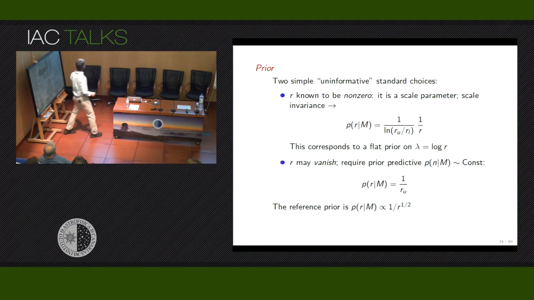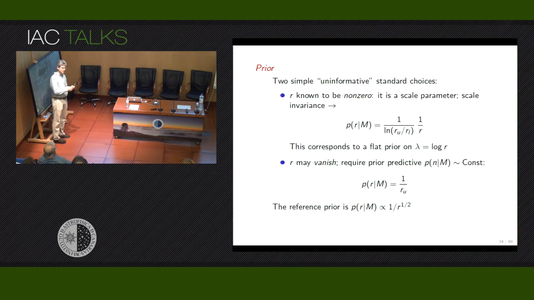All right. So for the prior, I'm showing you here 3 different standard choices. When you know that the rate is non-zero and the rate is setting some kind of scale in the problem, Ed James and Harold Jeffreys both made note of the fact that the problem then has a scale invariance, where if I change all my intervals by some factor, then all the distributions still look the same.